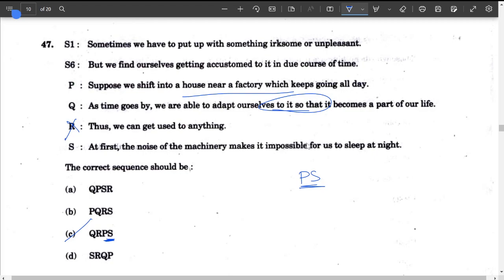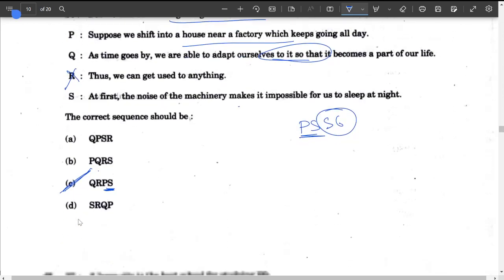At first, the noise of the machinery makes it impossible for us to sleep at night, but we find ourselves getting accustomed to it. Accustomed to it in the sense, habituated to this machinery. That means you can use S6 at the last, right? So PS and S6 at the last, that is the C. Absolutely correct. Next.